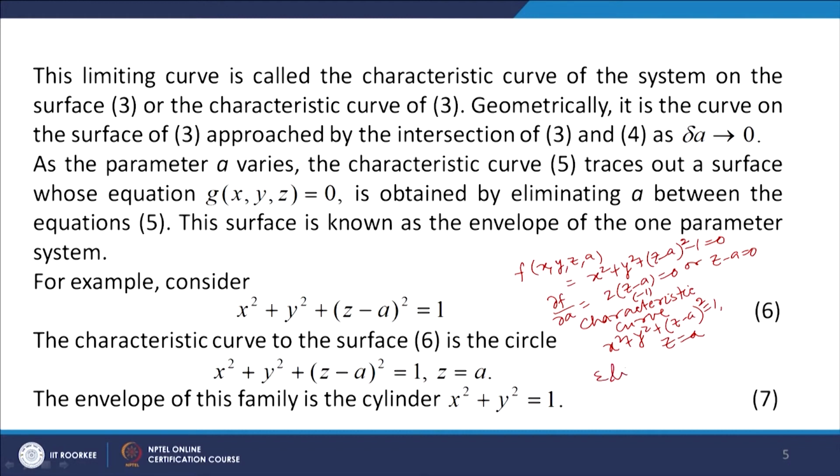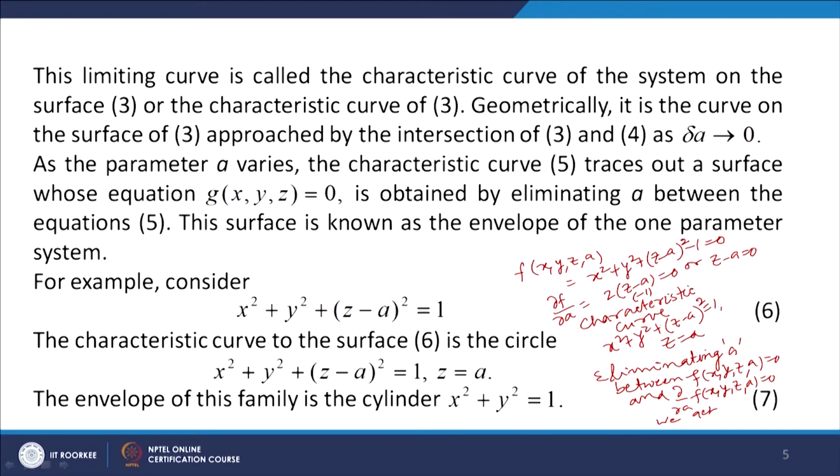So, eliminating a between f x y z a equal to 0 and the partial derivative of f x y z a with respect to a equal to 0, we get x square plus y square equal to 1, because eliminating a from these two equations means you replace z by a here.